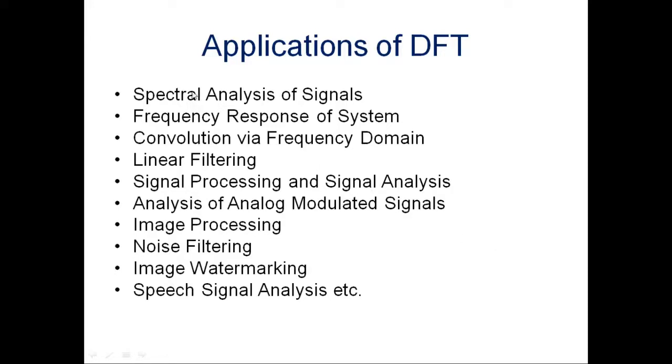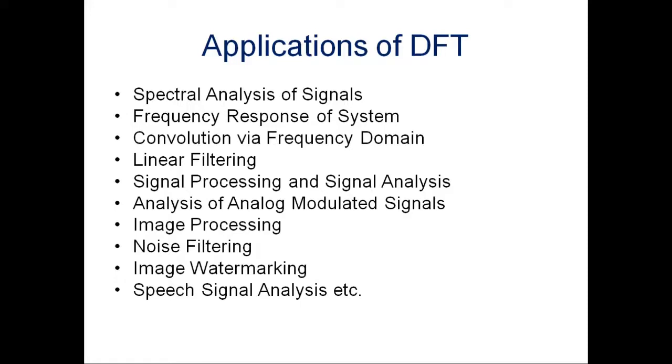We can also draw the spectrogram of the signals. We can find the frequency response of the system. So for an input signal x of t, system impulse response h of t, and output signal y of t, we will be getting y of t equal to x of t convolved with h of t.